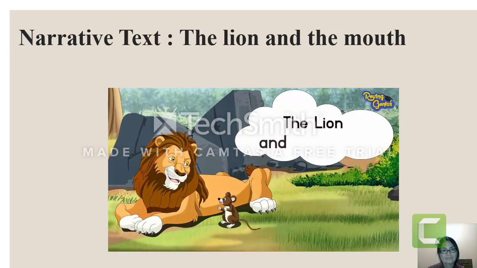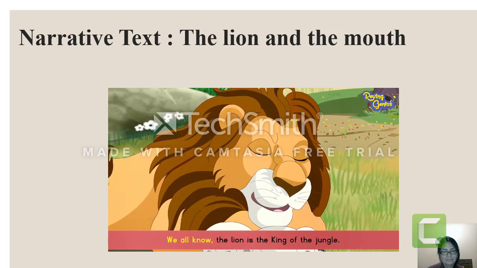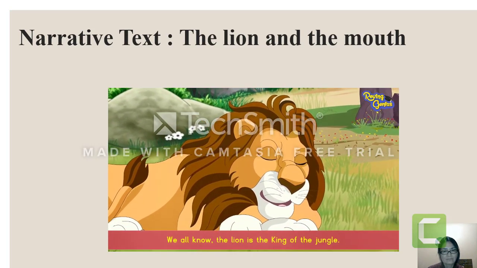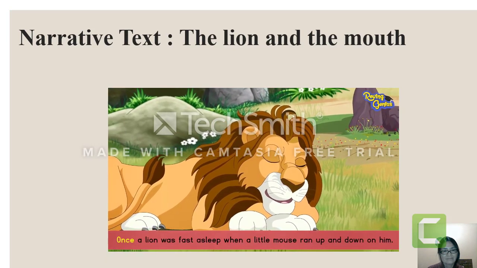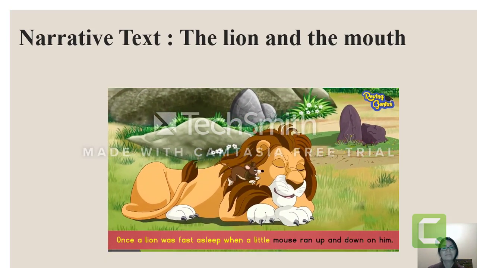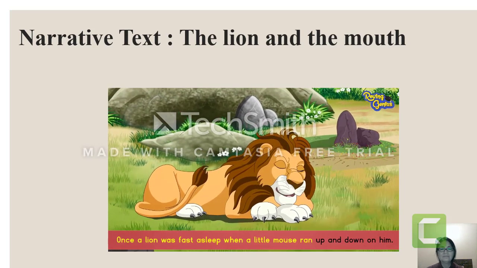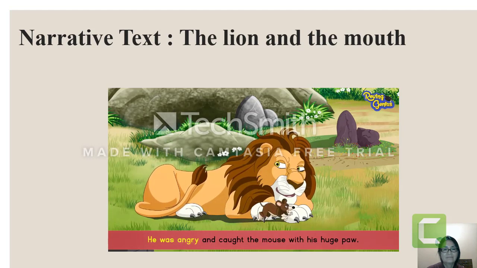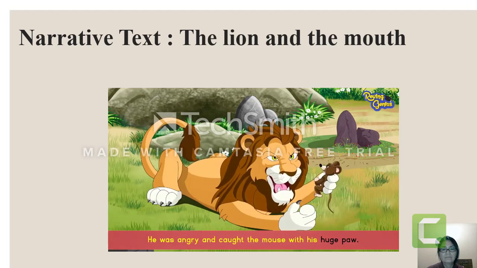The Lion and the Mouse. We all know the lion is the king of the jungle. Once a lion was fast asleep when a little mouse ran up and down on him. This awakened the lion. He was angry and caught the mouse with his huge paw.